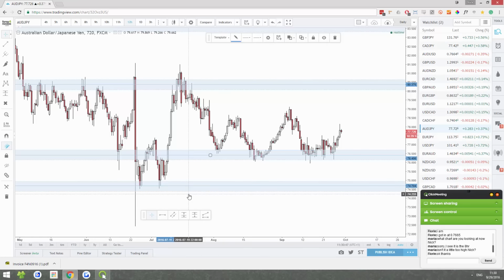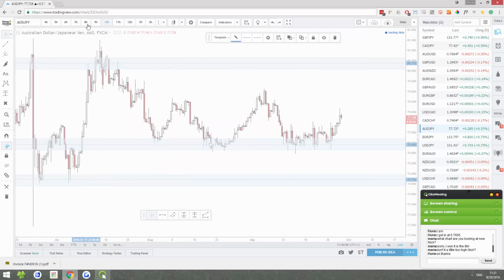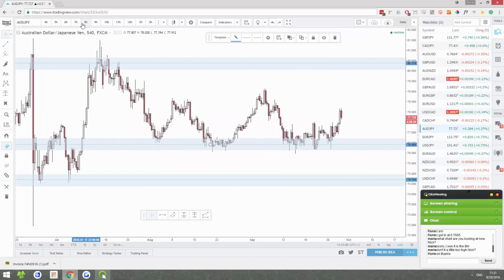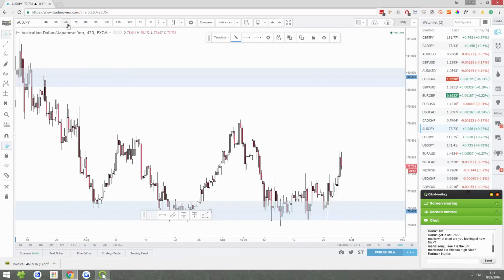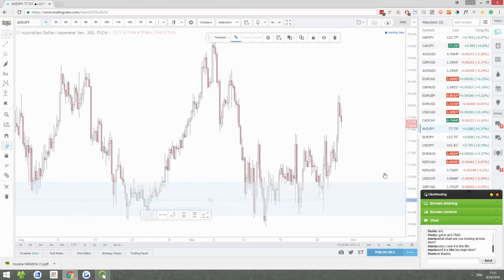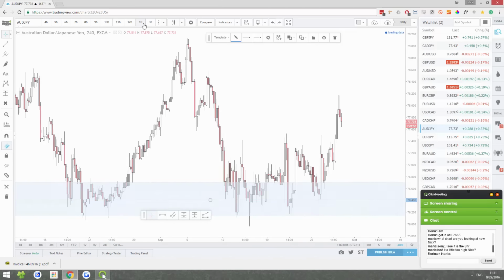Just waiting for questions. I see some people are typing. While we wait for questions, I'm just going to quickly flick through this AUDJPY chart, see what's going on. Yeah, so it's moving up, it broke out.